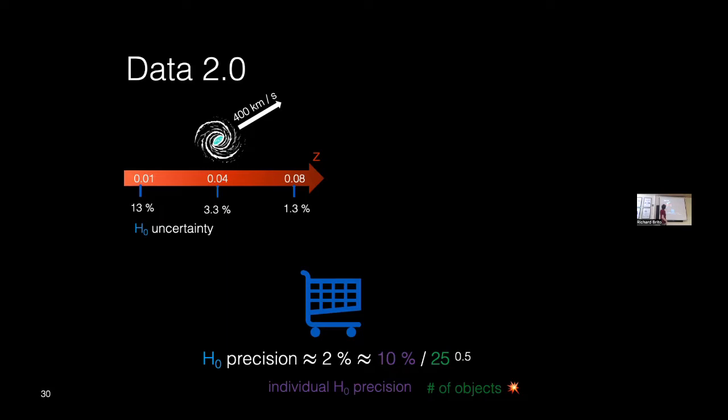And if you go to a redshift of 0.01, a characteristic typical peculiar velocity of a galaxy of 400 kilometers per second can result in a 13% uncertainty. And this reduces to 3.3% if you go to 0.04. So you definitely want to go to a non-negligible redshift, ideally something like between 0.05 and 0.1.